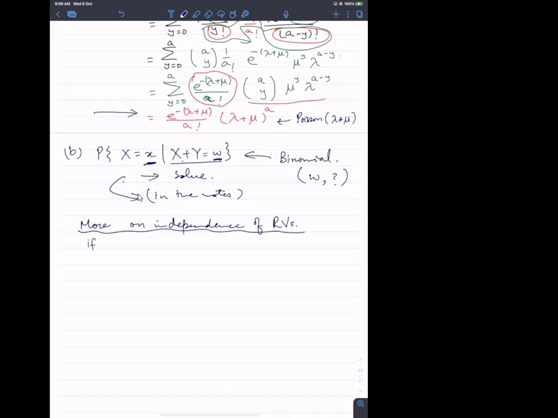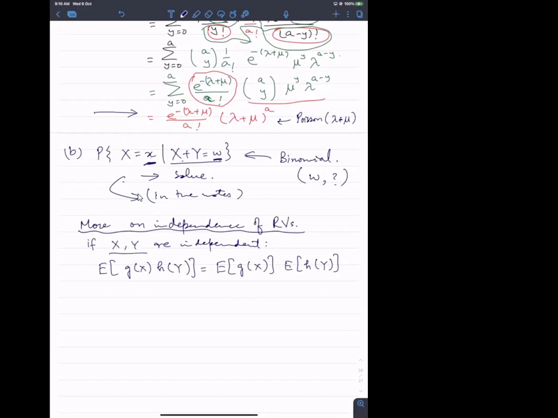Okay, if x and y are independent, then expected value of some function of x and some function of y, g of x and h of y, this would be equal to the product of expected value of g of x, expected value of h of y. तो ये कहां से आता है? ये वहीं से आएगा आपके पास कि if x and y are independent, then their PMFs, they get separated out.